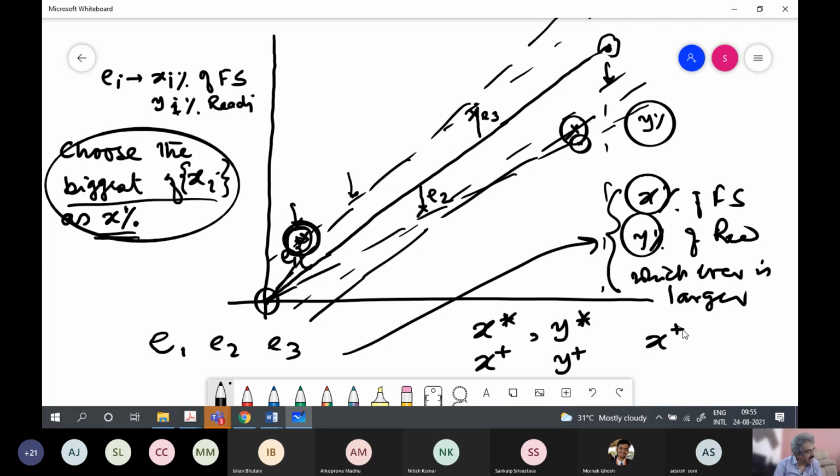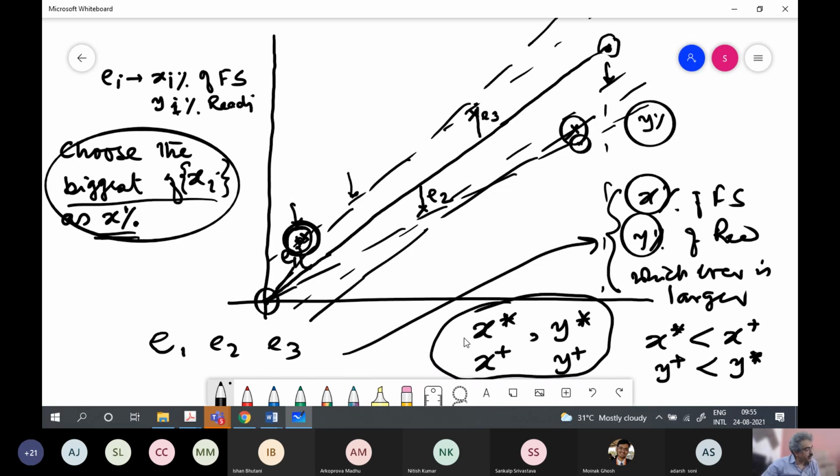And we have X star less than X plus, but Y plus less than Y star. It's possible. In one, the X% of full scale number is better. In the other, the Y% of reading number is better. Better means smaller. So in that case, it's very difficult to say which one is better.